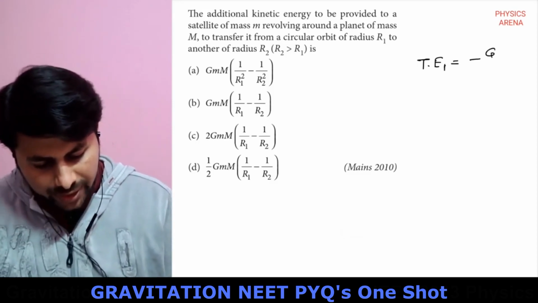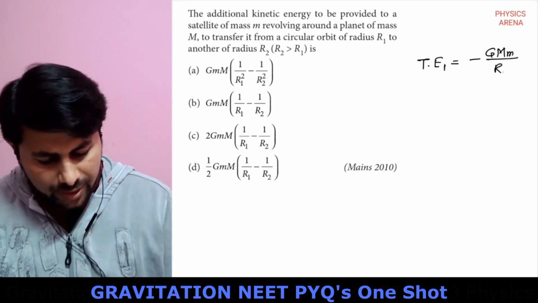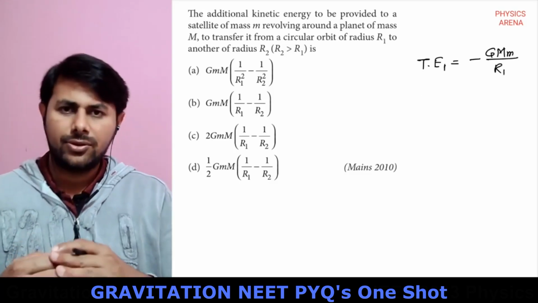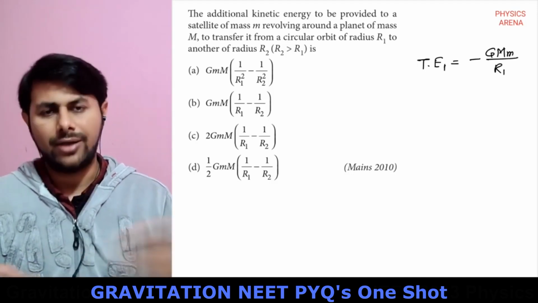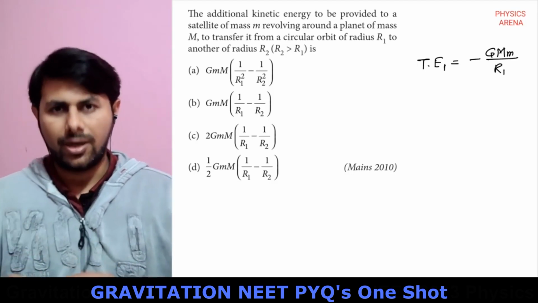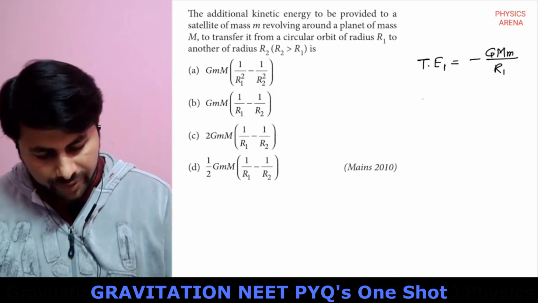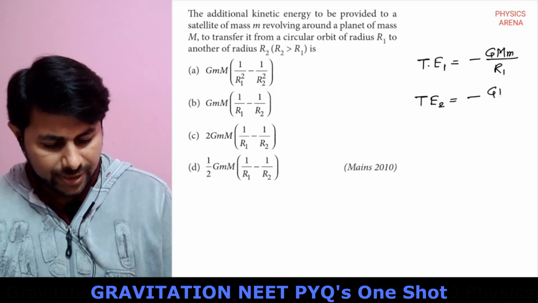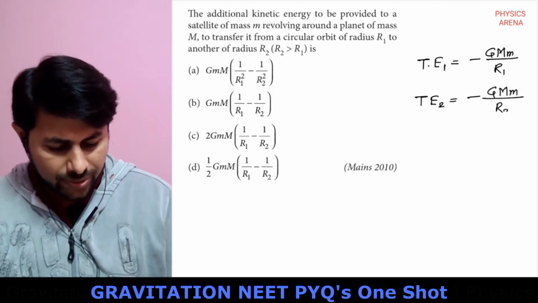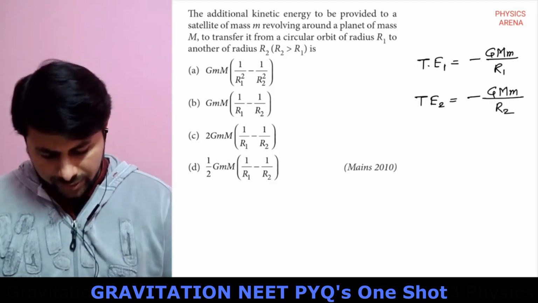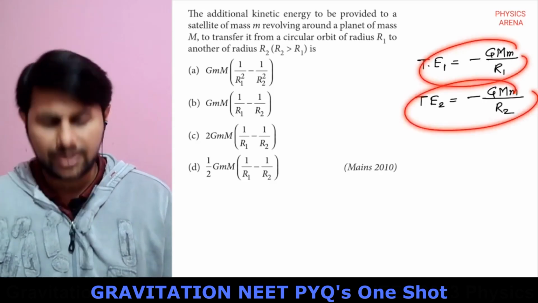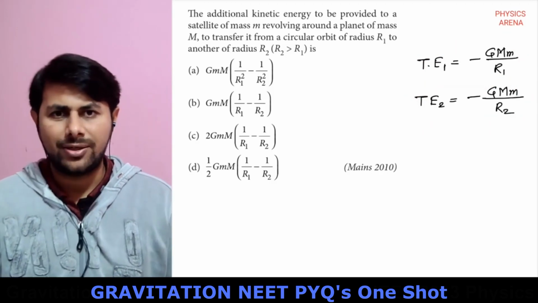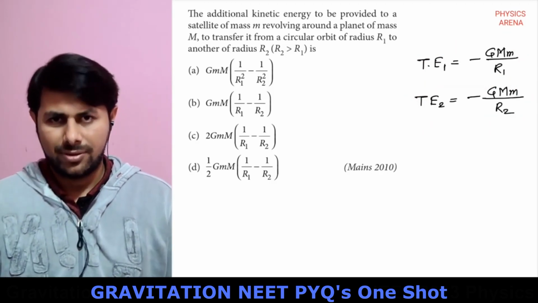So it is minus GMm divided by r1. Then when it goes to the other radius r2, it will have total energy equal to what? Minus GMm divided by r2. So now the difference between these two total energies will be equal to the extra kinetic energy that has to be provided, right?